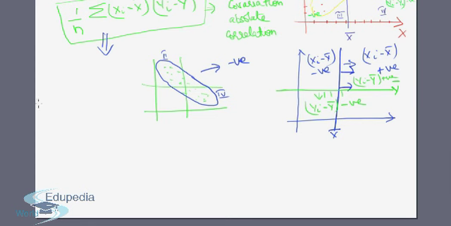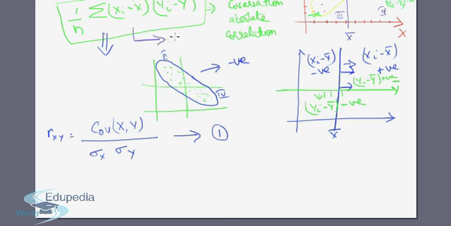The coefficient of correlation denoted by r x comma y is given by covariation of x and y over sigma x sigma y. Let me call this equation number 1, and of course we have 1 over n here, so let me call this equation number 2.